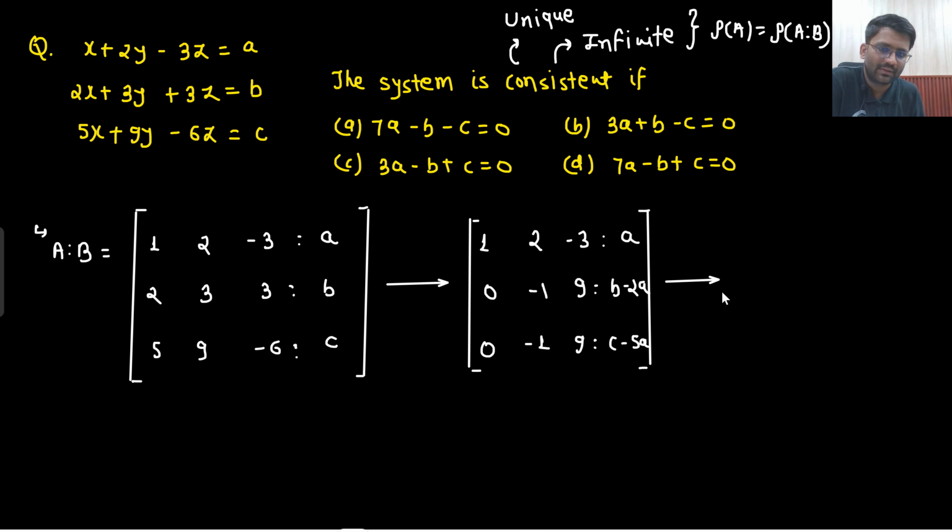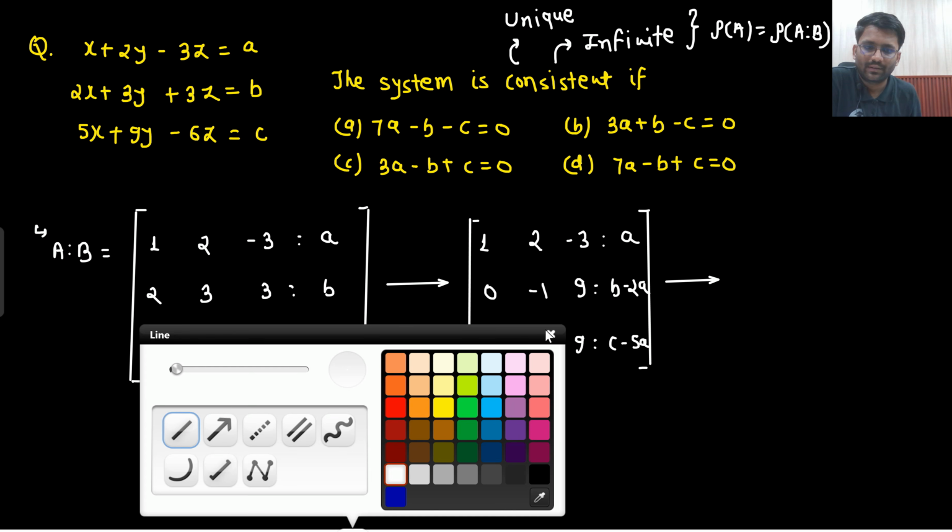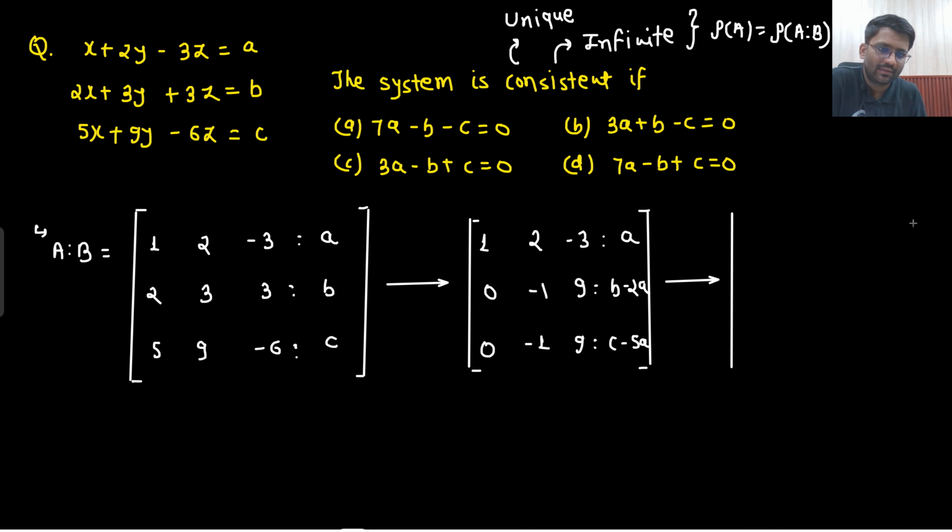Next, from R3, I need to subtract R2. The rows are 1, 2, minus 3, a and 0, minus 1, 9, b minus 2a.